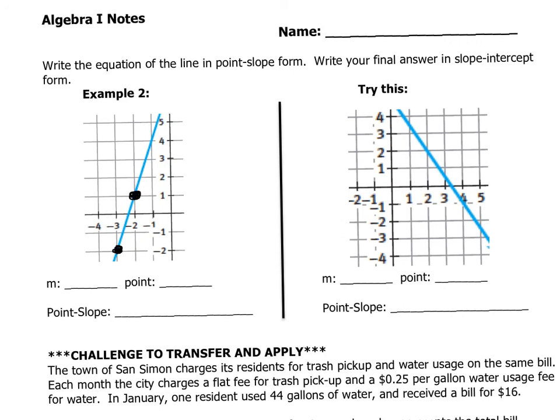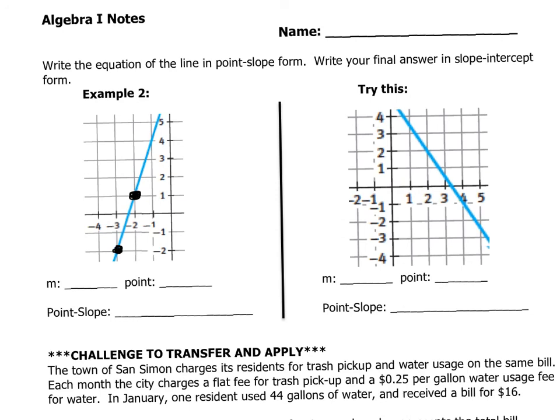We need to write down what these points are. Well, this point that's down here, this coordinate is -3, -2. Actually, let's start over.